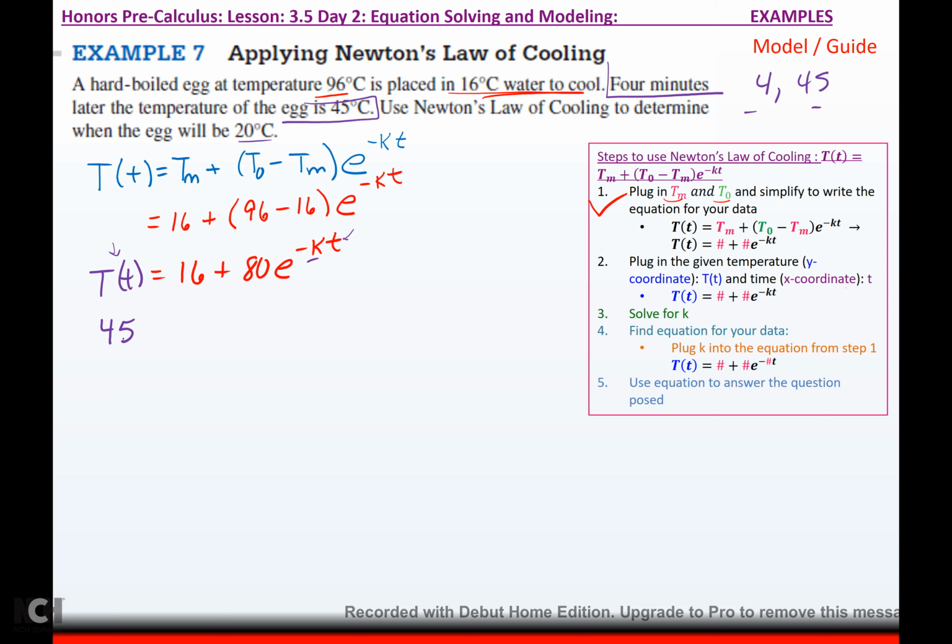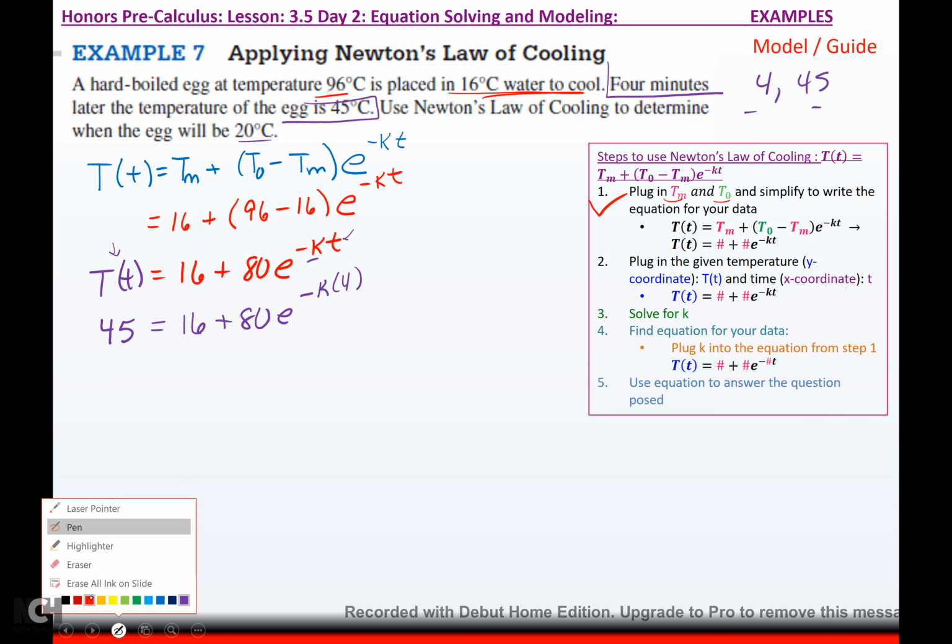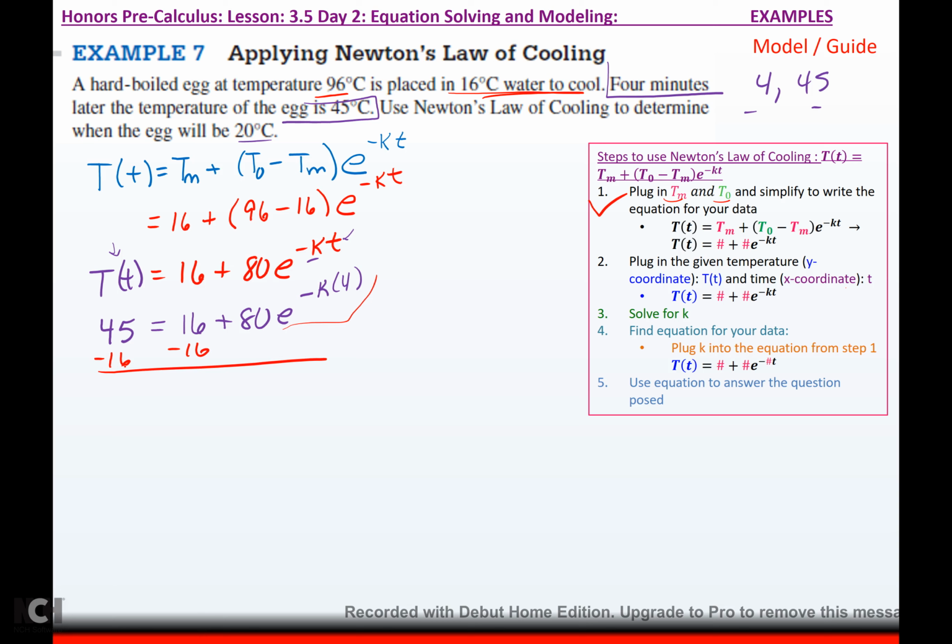So 4 minutes later, the temperature was 45, so that would be 16 plus 80e to the negative k times 4. So if I've got to solve for k, I've got to isolate this. Okay, so the first thing I'm going to do is subtract 16. So 45 minus 16 is 29 equals 80e to the negative 4k.